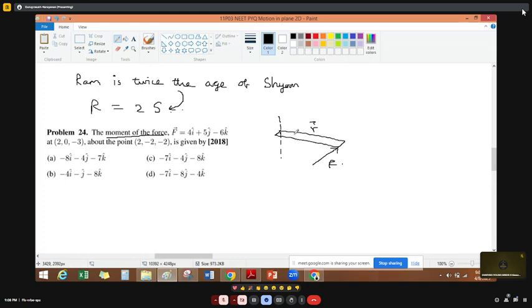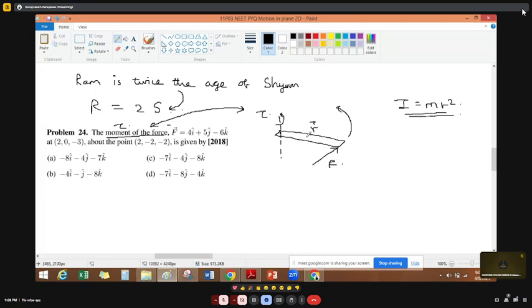Moment of inertia is different. What did we say? I think we talked about this earlier. Torque. Another name for torque is moment. The moment of force is nothing but torque. So don't get confused. Moment of inertia is different. Moment of inertia is I, and I is equal to mr squared. Remember? So moment of inertia is different.